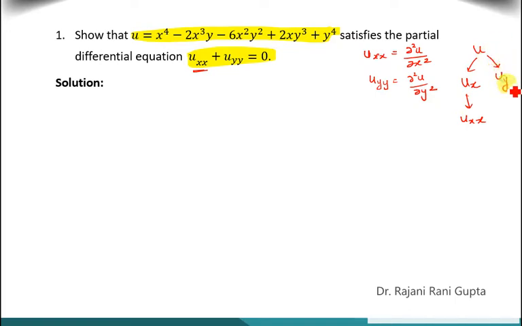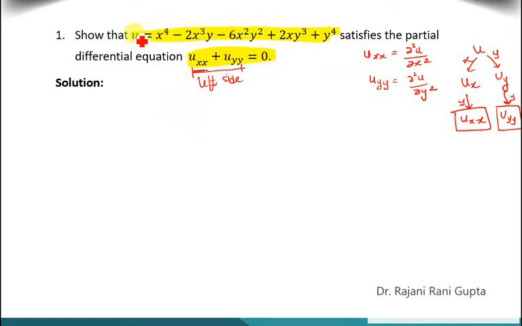Similarly, we differentiate again with y to get uyy. We need to get these two values, add them, and prove that this left side is equal to 0. When you add the left side, it comes to 0.